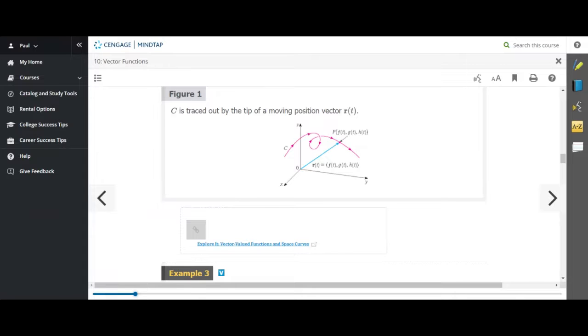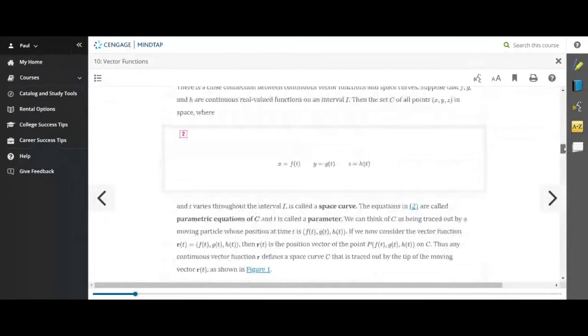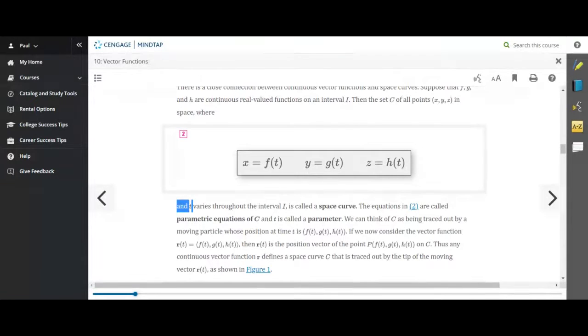These equations, f of t, g of t, and h of t, are the parametric equations of your space curve, and t is your parameter.